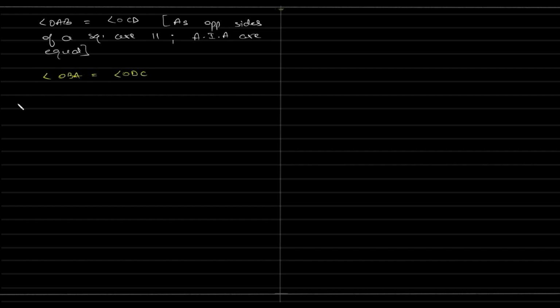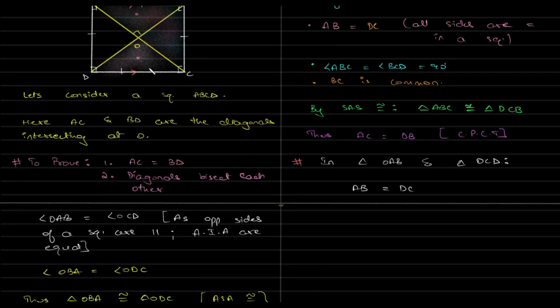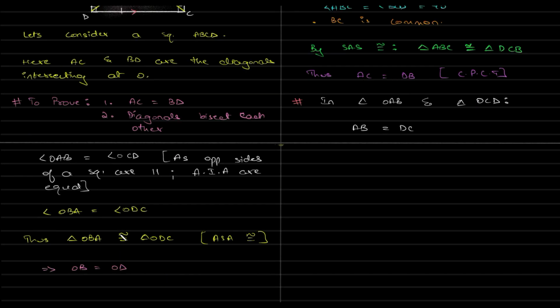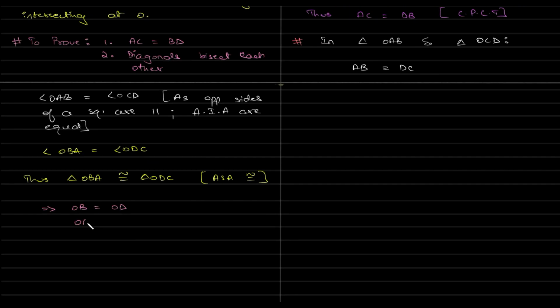So with this we can tell thus triangle OBA is congruent to triangle ODC by ASA congruency. This implies OB is equal to OD. I hope I'm right. OB is equal to OD. Yes. OA is equal to OC, by CPCT.